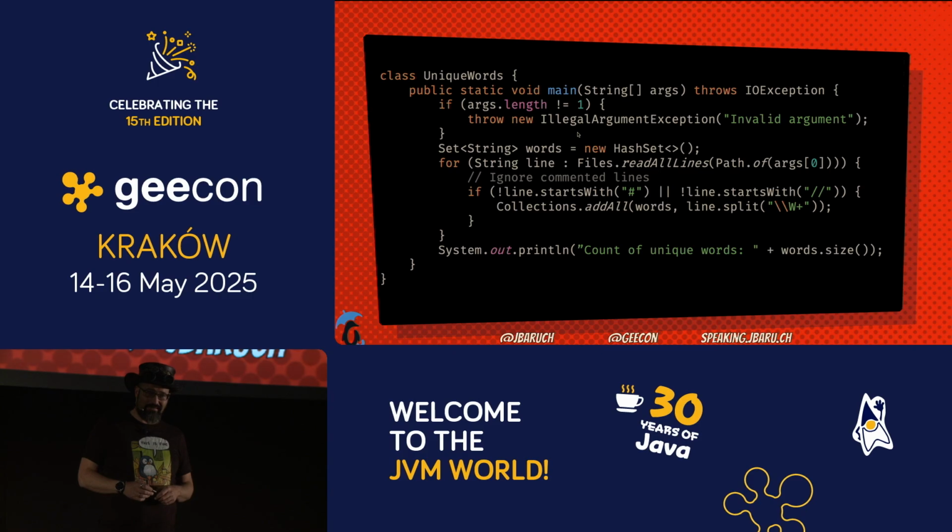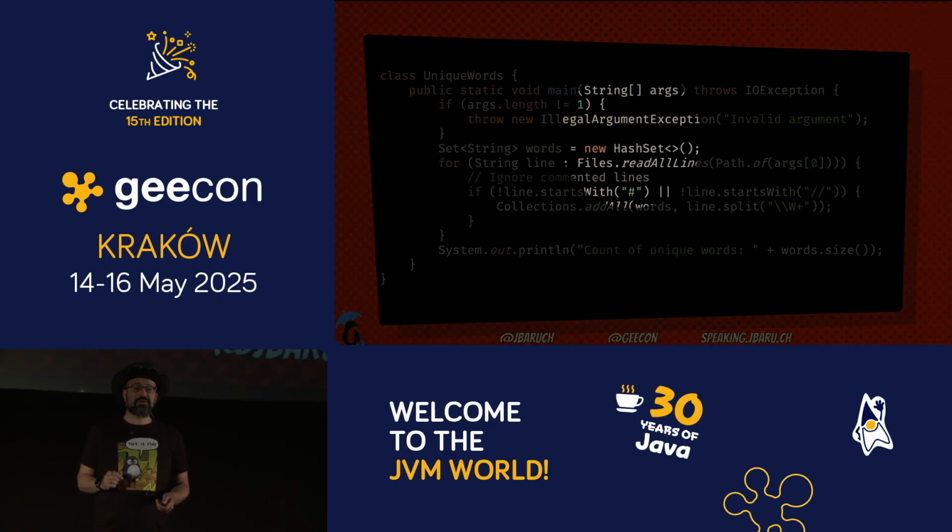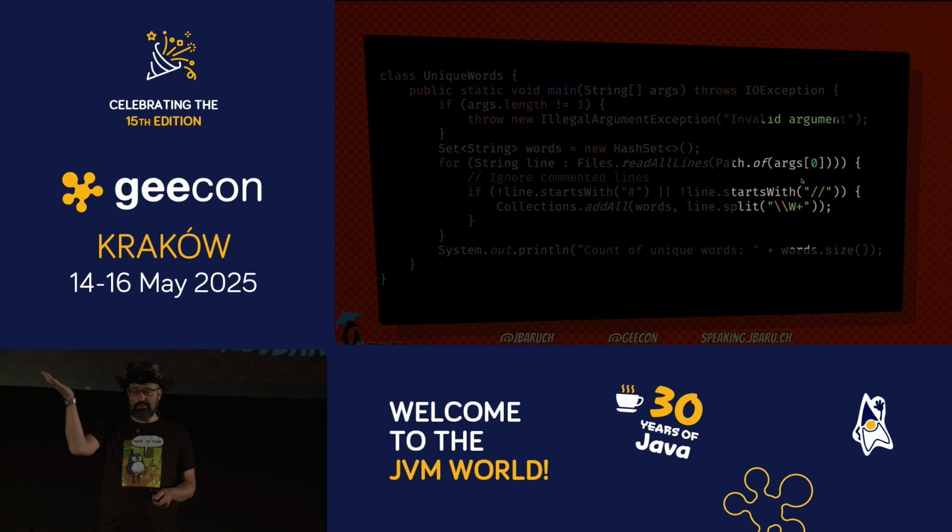Second condition never works. Well, kinda, sorta, in the area. Space, yeah. Thank you very much. The condition is always true, since no word can start at the same time with a hashtag and two slashes.